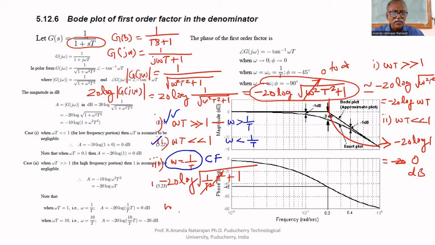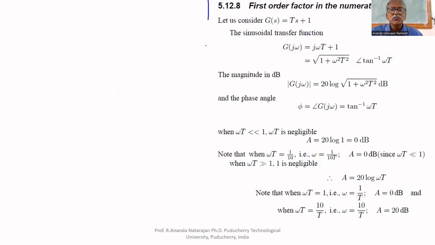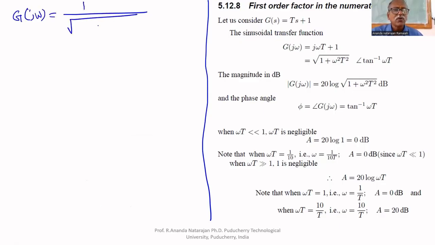Now, let us assume that G of j omega equal to 1 by square root of omega square tau square plus 1. Already, first case is what? When omega tau is far, far greater than 1, it means omega square tau square is far, far greater than 1.